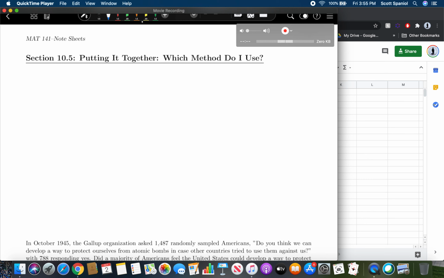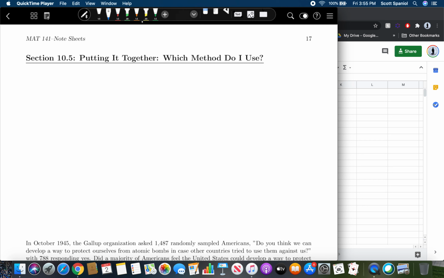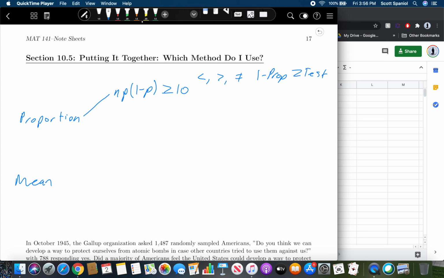So like I said, there are basically two different options here. You're either dealing with a proportion or a mean. With a proportion, if n times p times 1 minus p is greater than or equal to 10, then for less than, greater than, or not equal to, you can use 1-PropZTest, and for not equal to, you could use 1-PropZInt.